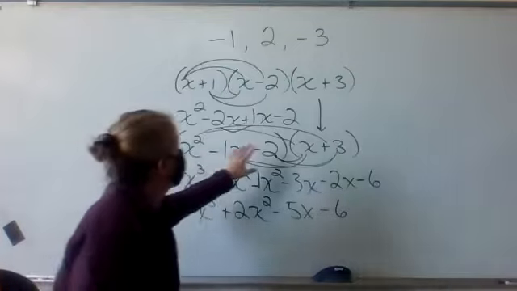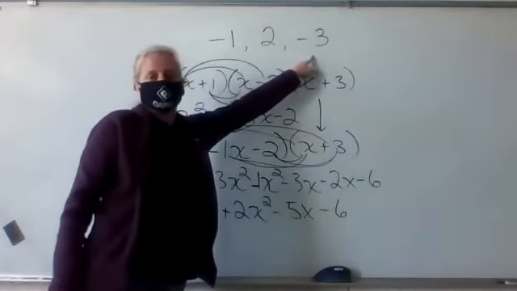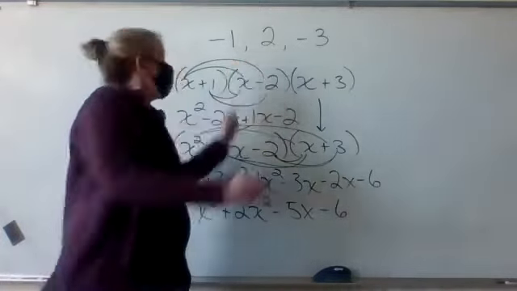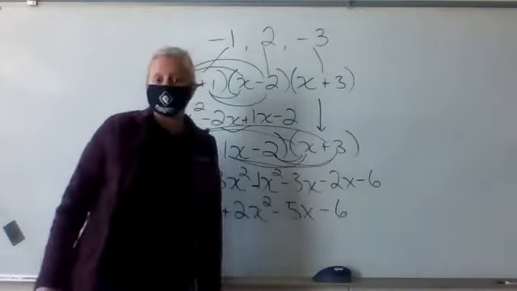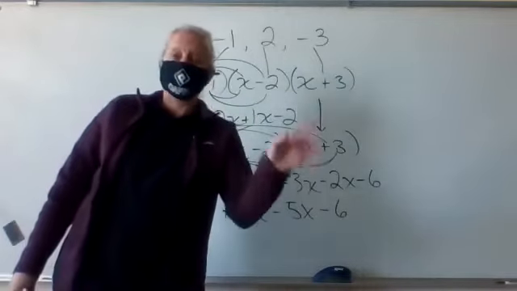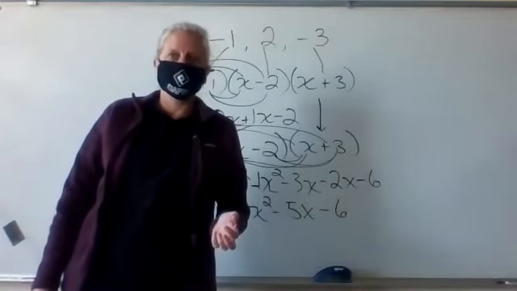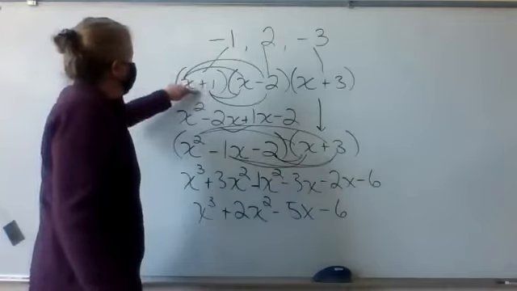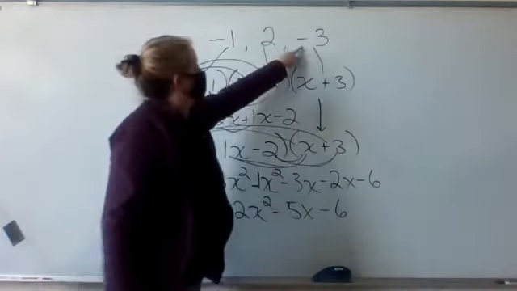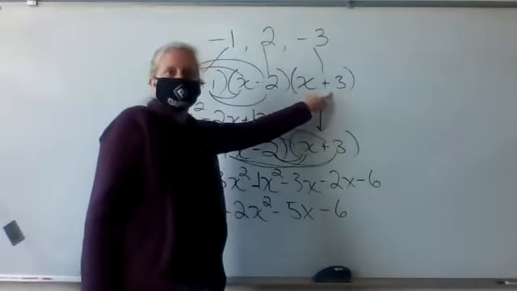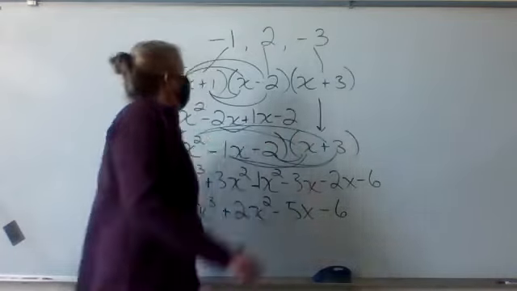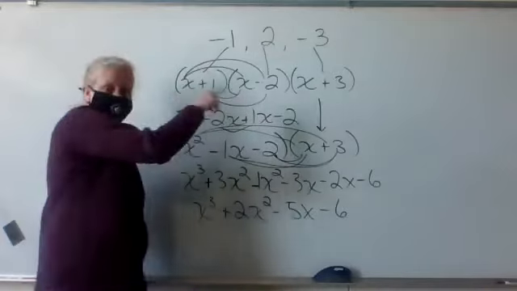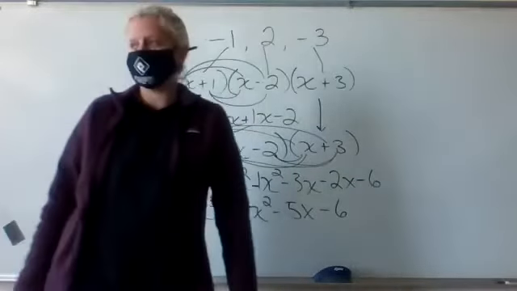I got it by turning all of these numbers, these 3 zeros, into the factors, which pretty much just means x and then the opposite sign. Oh, wait, I think I got it now. X plus 1, x minus 2, and x plus 3. I was talking about this one right here, where you did a bunch of distributing.